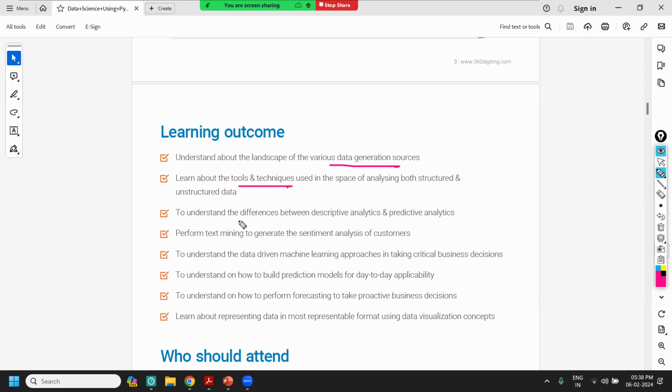What are the various tools and techniques that you are going to use to analyze your data? As I told, Python would be the predominant tool. And Python is the superstar which deals with any kind of data. You'll also be able to understand what descriptive analytics and predictive analytics mean. How do I look into the future? Predictions.